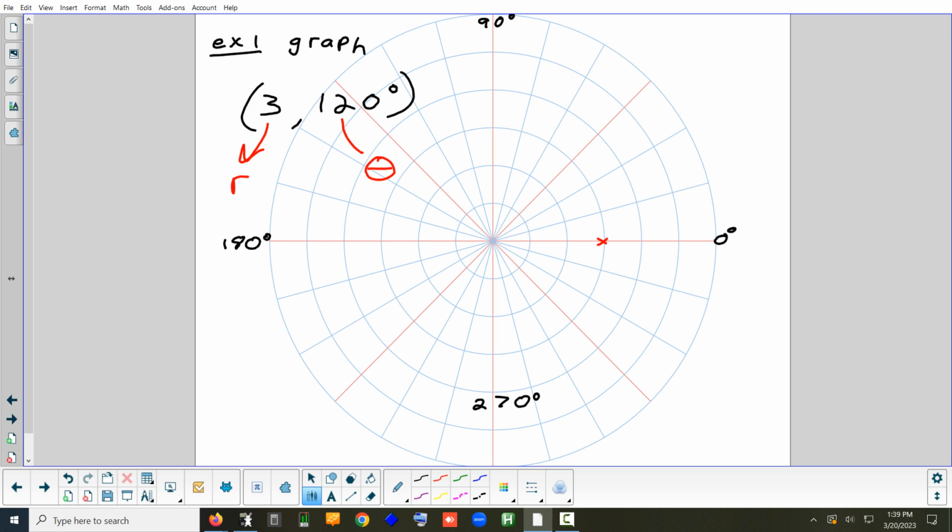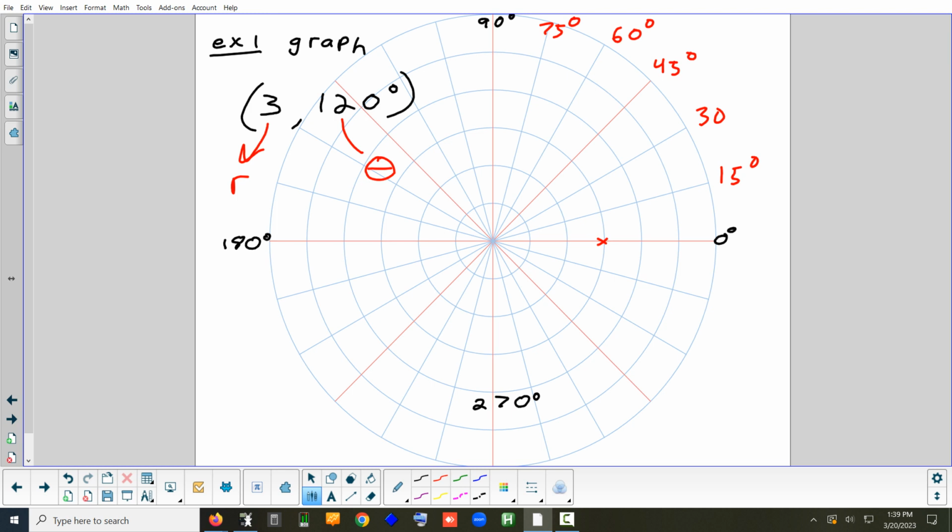Counterclockwise. Now, on this grid, there's a line every 15. This is 15, 30. All the red ones are your 45s. 60, 75.